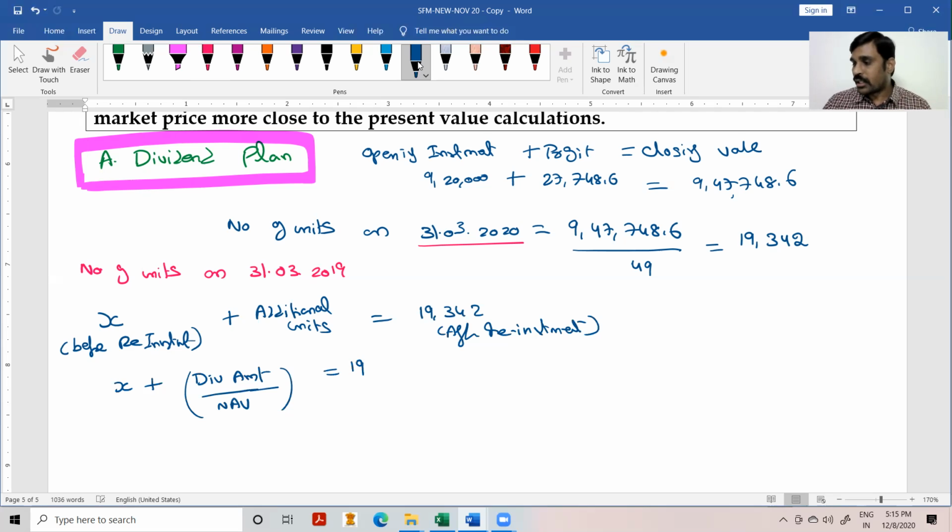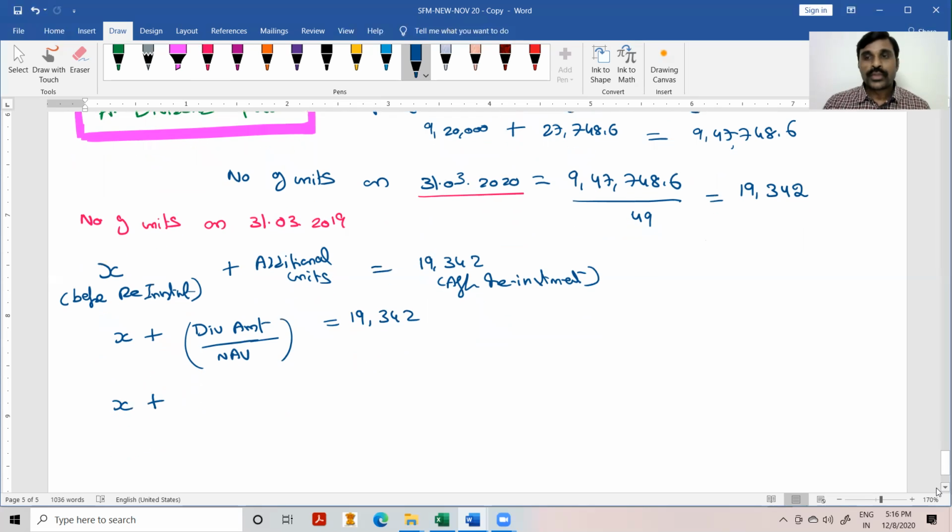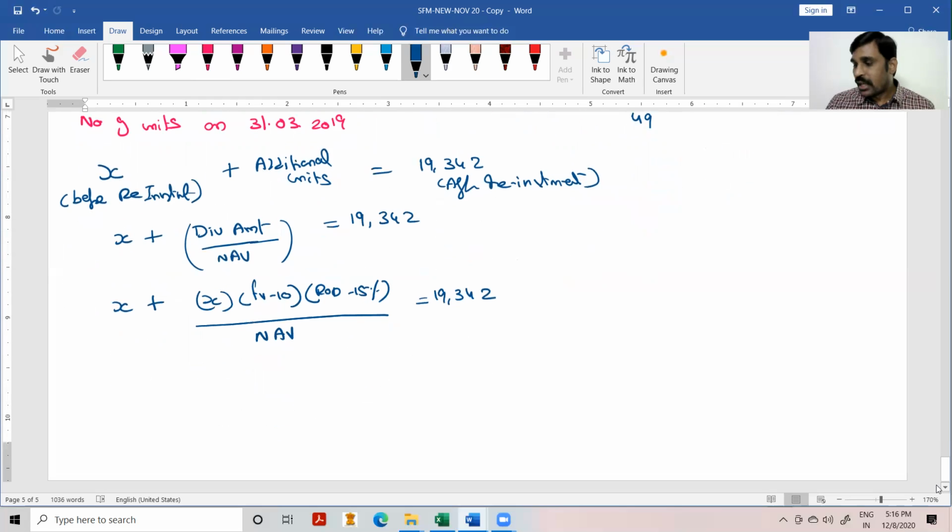So this will be 19,342. Now the dividend amount: if I assume face value as 10, the dividend amount is number of units x into face value of 10 into rate of dividend of 15%.